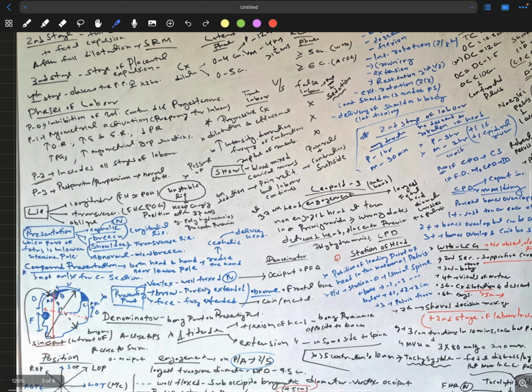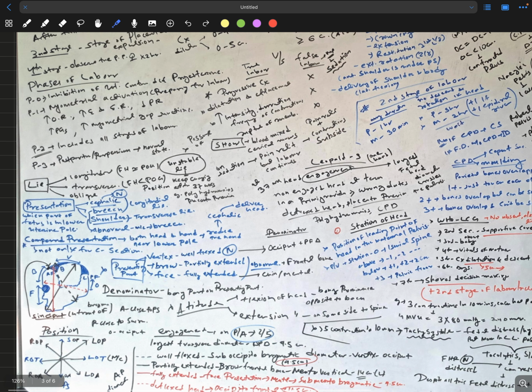Now we are going to discuss some basic things from the fetal point of view: the presentation, lie, and so on. Lie is the relationship between the axis of fetus and the axis of uterus. If the fetus lies inside the uterus on the same axis, that is called longitudinal lie.